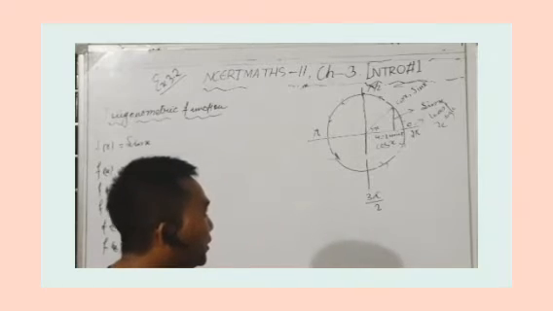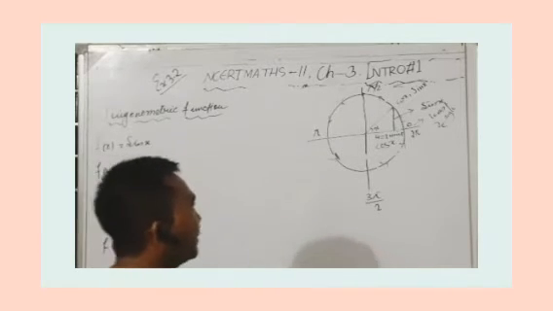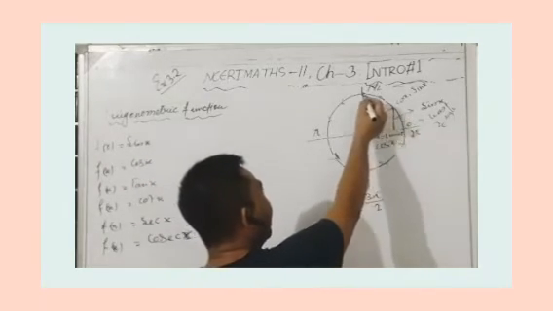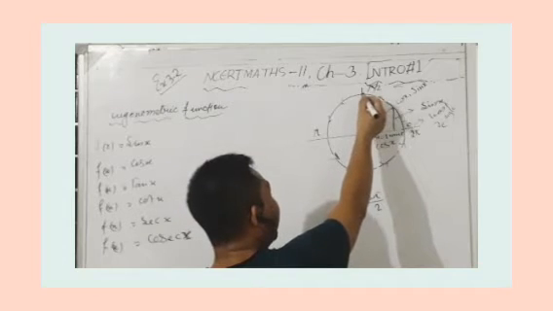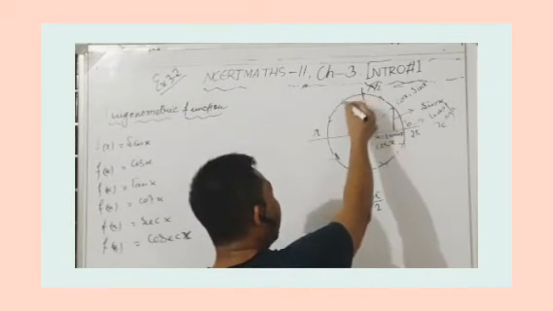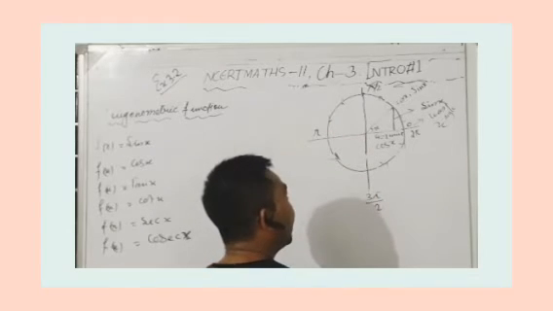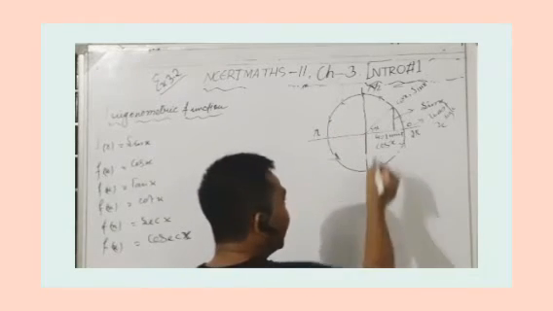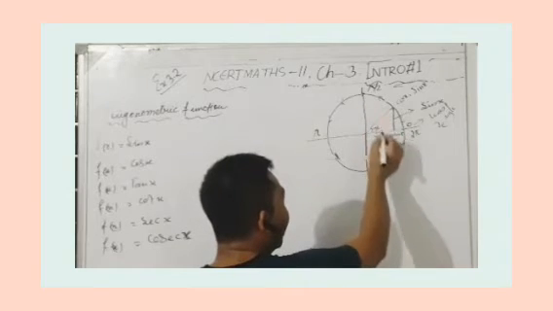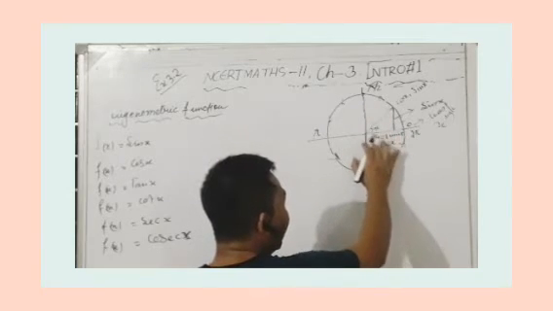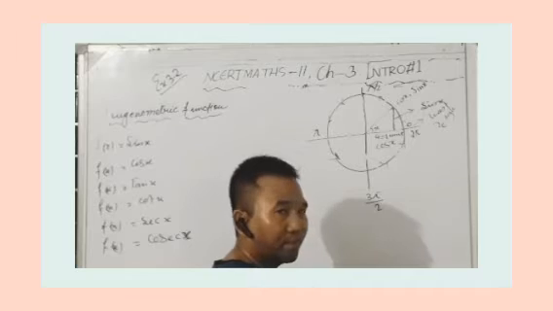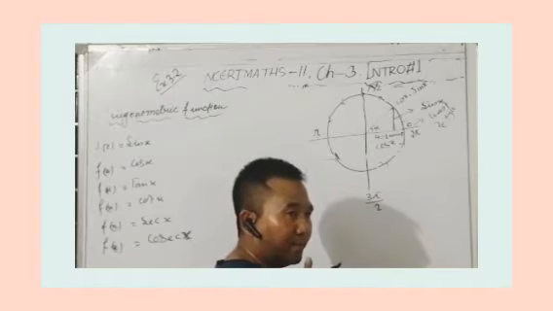I hope you understood. Since it is rotating, starting from 0 to pi by 2, that is 90 degrees, it was maximum, and then it is decreasing and reaching up to 180. So it is 1, and this is also 1. That means it is over the same radius, because it is a circle of unit radius.